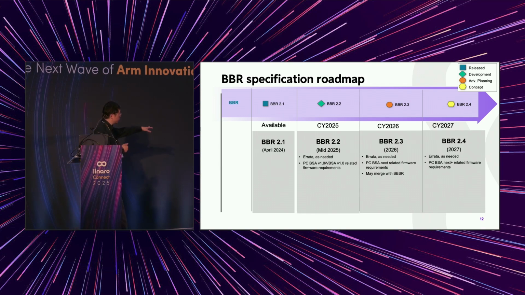As you can see, it mentions the PC BSA. I'm going to be talking about that later on. So we're trying to not only cover the server space now, but also the PC space. And then the intent is to maybe update the spec every year because we probably have more PC-related requirements coming in.